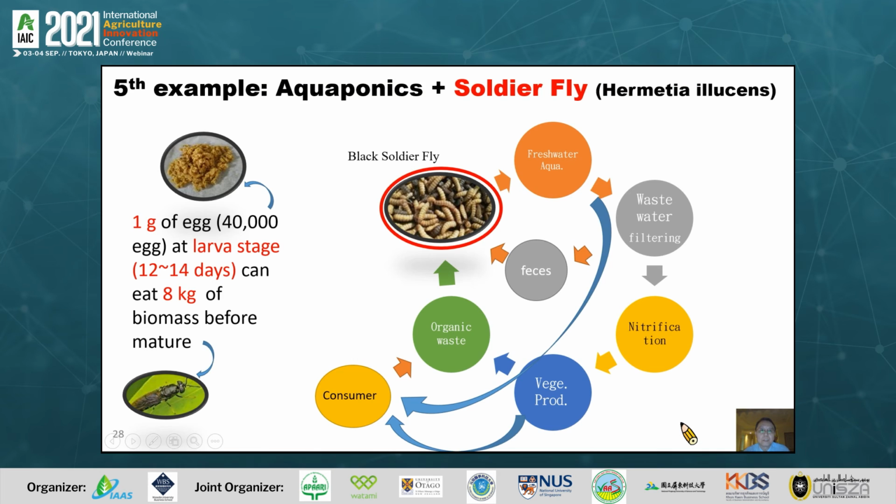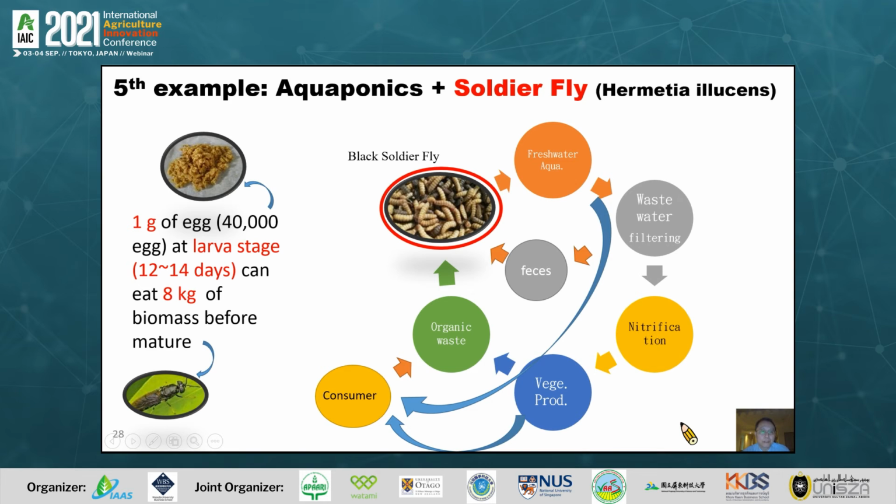And the fifth example is the aquaponics system plus soldier fly. This is some kind of insect. It's quite popular in Asia. One gram of eggs is about 40,000 eggs.